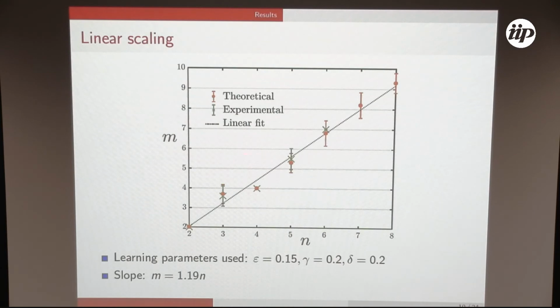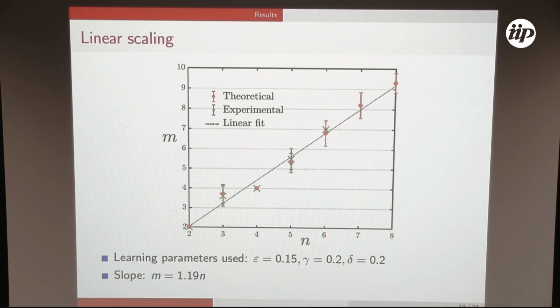Okay, so finally, here is what we wanted to demonstrate. We can see the orange ones are the theoretical simulated points, while the green ones are the experimental ones. And as we wanted to show, this approach is feasible even for low-qubit states.